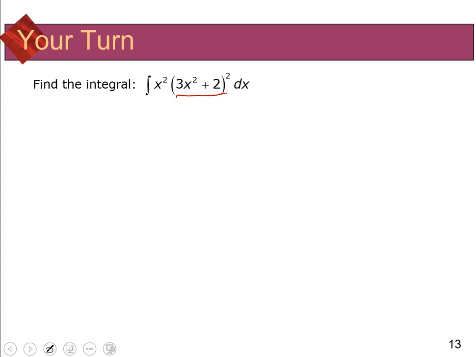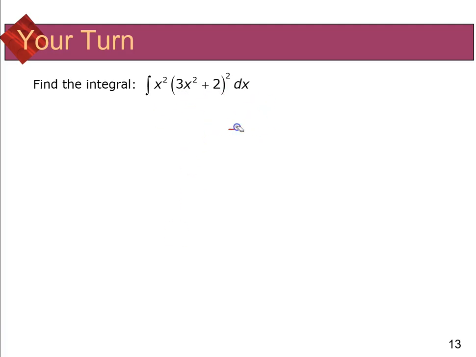I could think of this whole thing to make my life a little easier as x times 3x squared plus 2 squared and simplify in that manner and then eventually still FOIL it out. So there's a couple ways to simplify this. Just be careful that you're simplifying correctly. Now I'm going to erase this because I'm just going to carry out the other way of handling it.